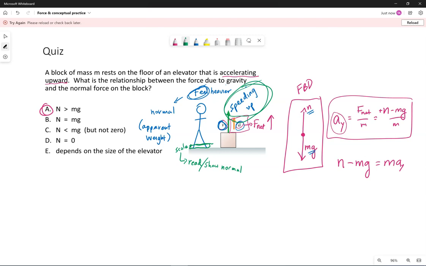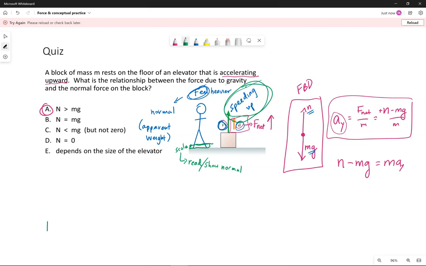The opposite is true as well. If you're still moving upwards, but the elevator's slowing down to stop at the floor, the acceleration would be opposite.